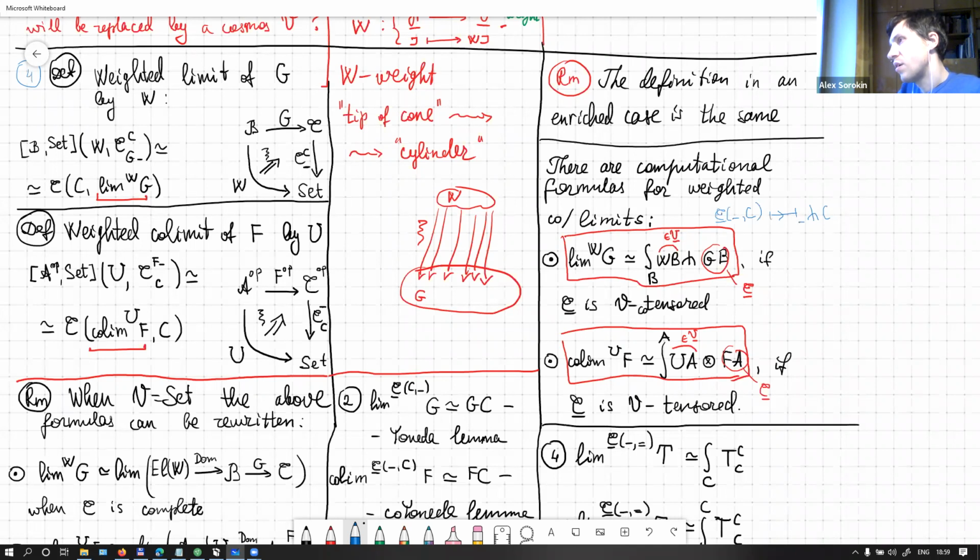Tensor, I don't think you will be surprised, is left covariantly adjoint to covariant Hom. So if such a thing exists, then we can talk about computational formulas for weighted limits and colimits.